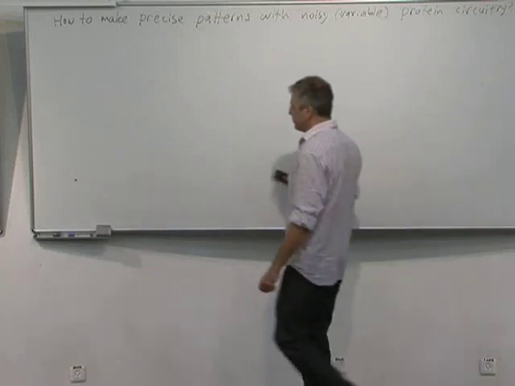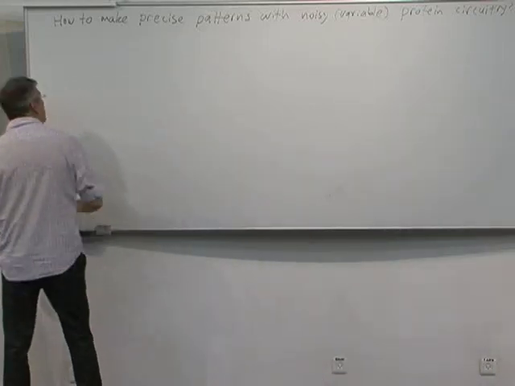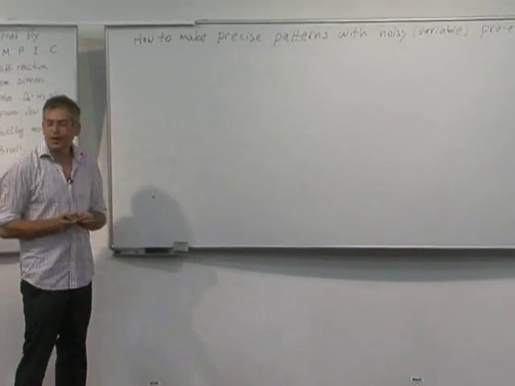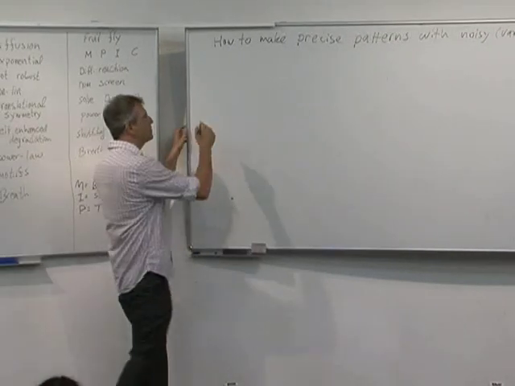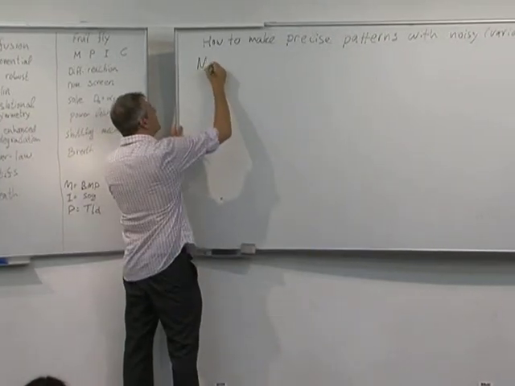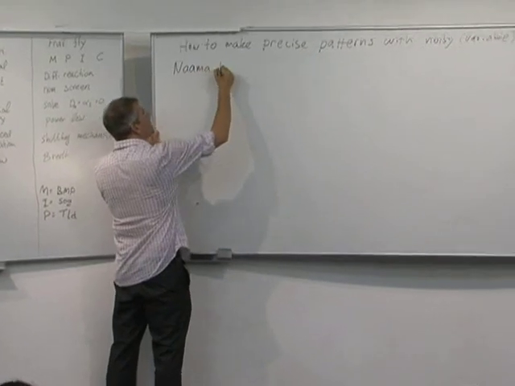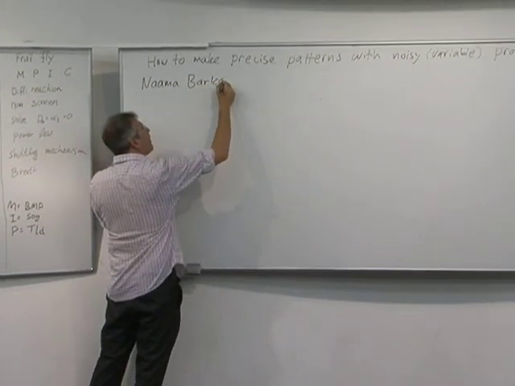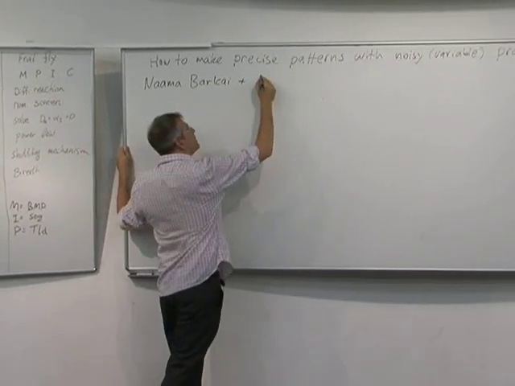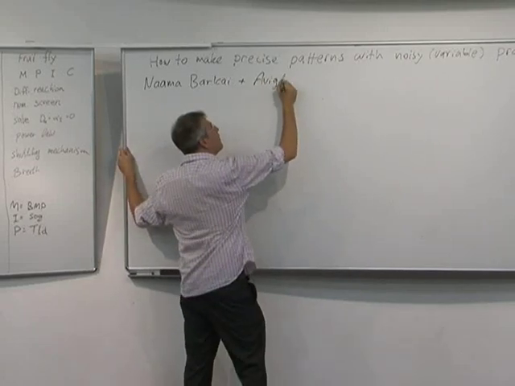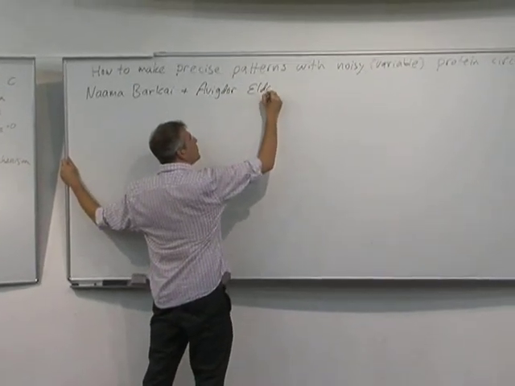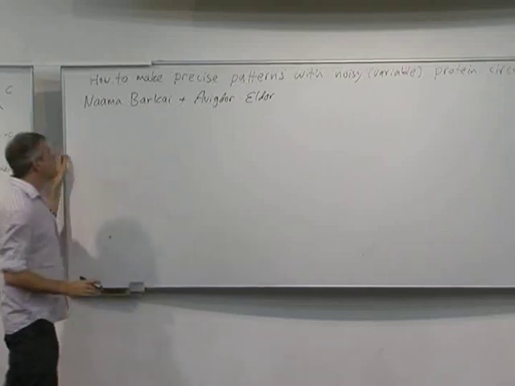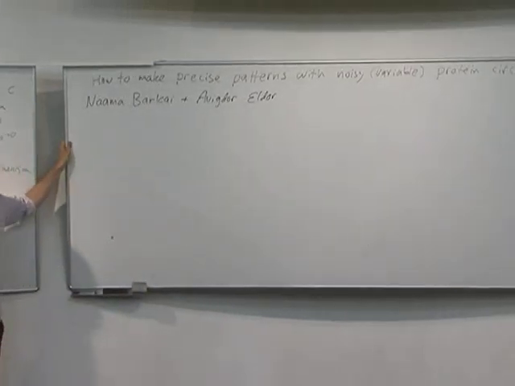So one answer was given by the first molecular mechanism for robustness, and then several others here at Weizmann by Naama Barkai and our graduate student Avigdor Eldar, who now has a lab at Tel Aviv.